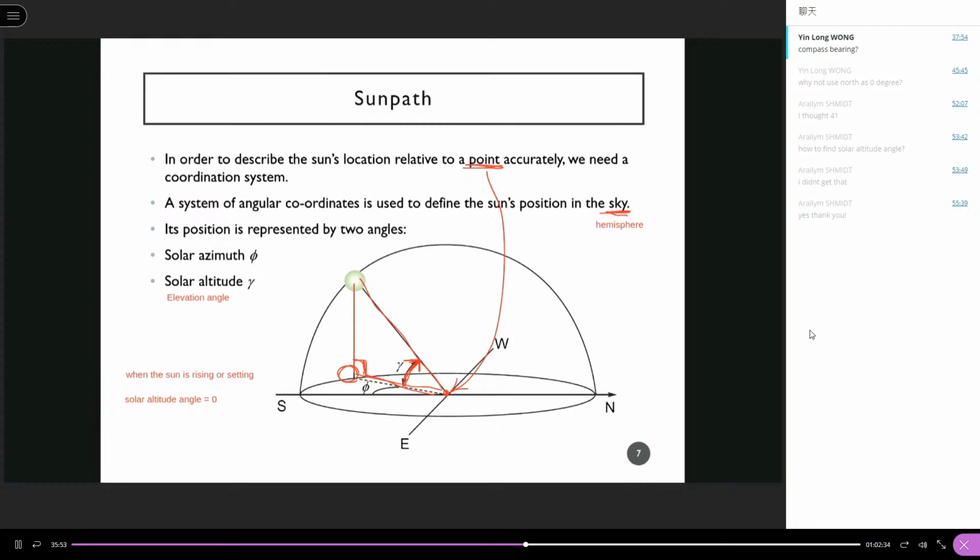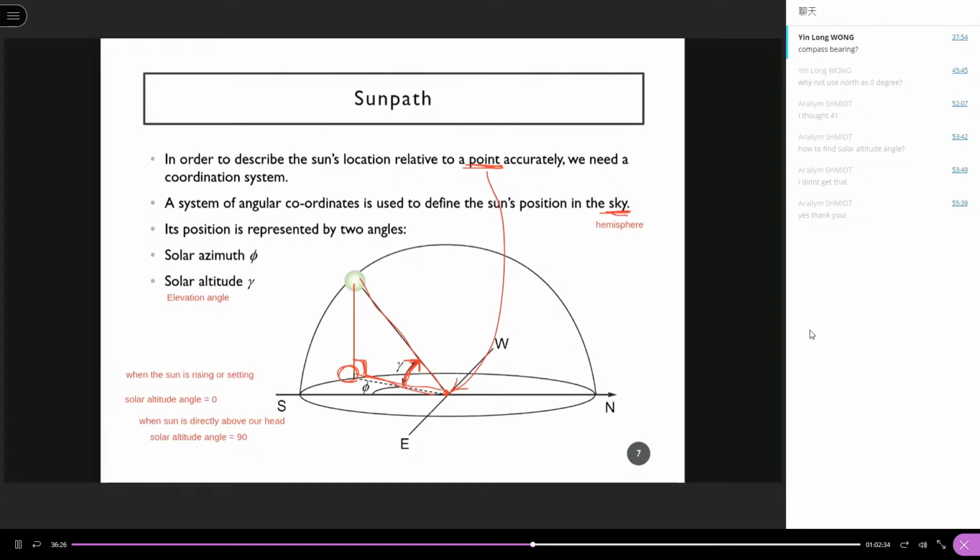And similarly, when the sun is directly above our head, then there will be no shadow for a vertical stick. Then the solar altitude angle will equal 90 degrees. So this is the elevation angle. It measures how high the sun is in the sky.